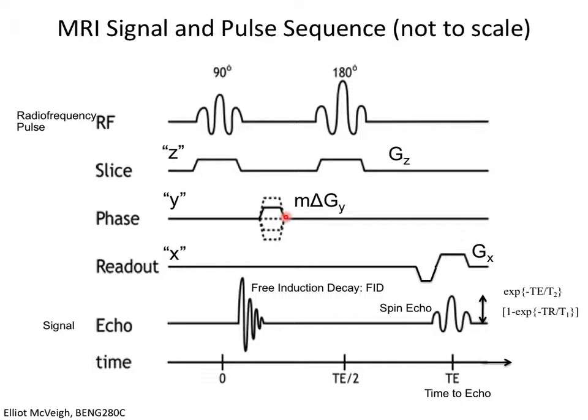So in that way, you can select a slice in Z, so we have Z resolution. You can phase encode in Y. That's make this phase shift as a function of Y. And then you can phase encode in X, so you make their phase also a function of their position in X, and you measure the signal as that phase is evolving over time.